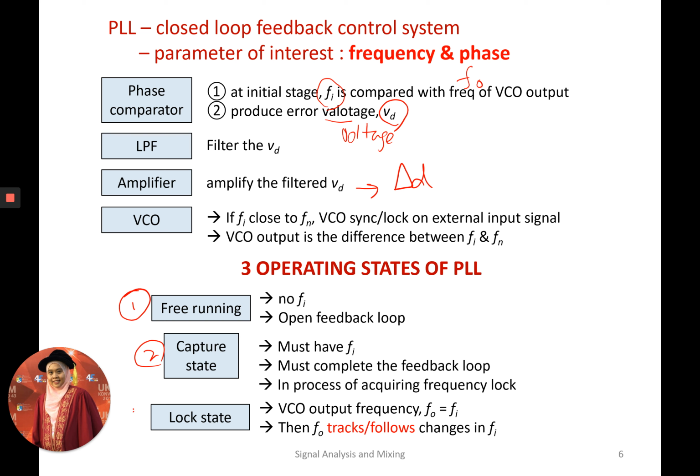And lastly, the lock state. Once we have the input signal into the system, the VCO output frequency FO will be the same as the frequency of the input, and whatever the input frequency does, the FO will track or follow any changes the input frequency gets. This will be done in the phase comparator.